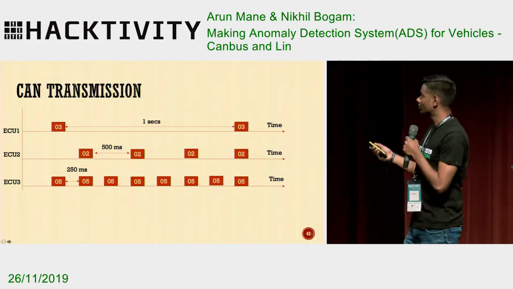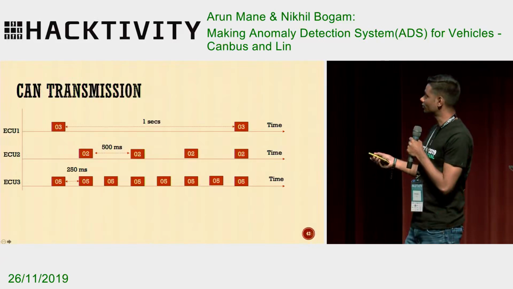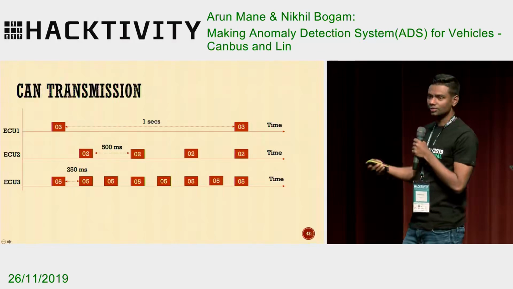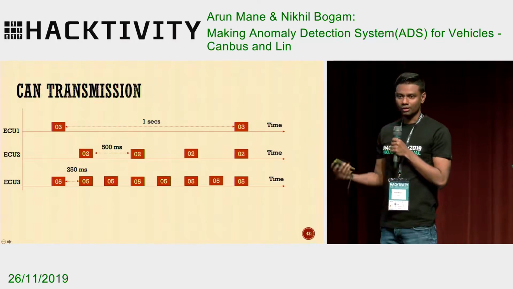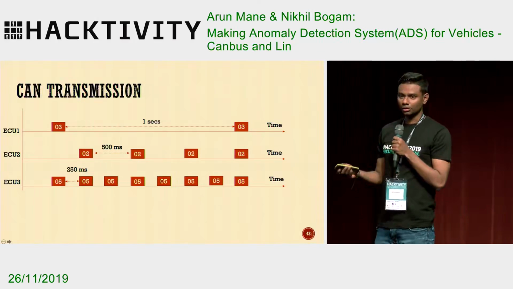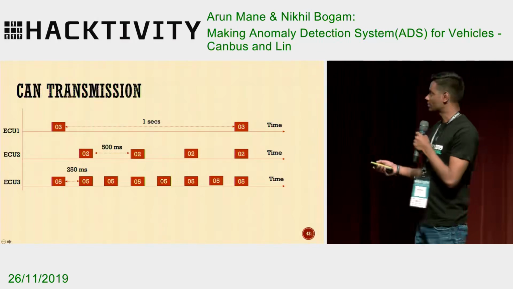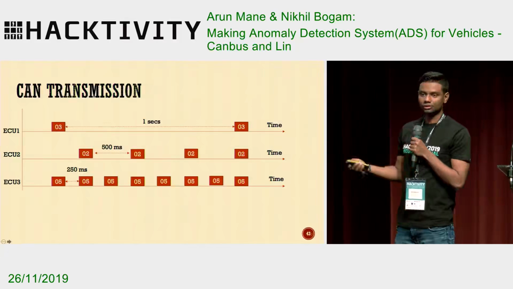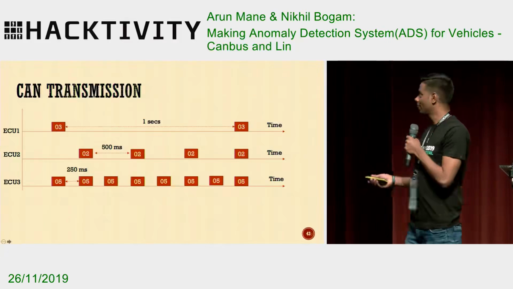If 03 and 05 collide, 03 gets precedence. Generally the zeros in the CAN network buses get access to the bus, and immediately after 03 you will receive 05, which is retransmitted.